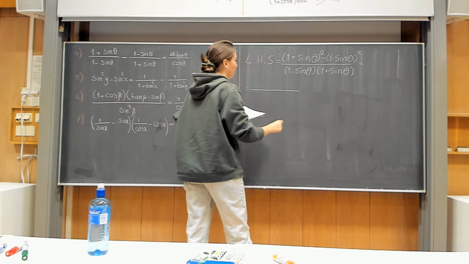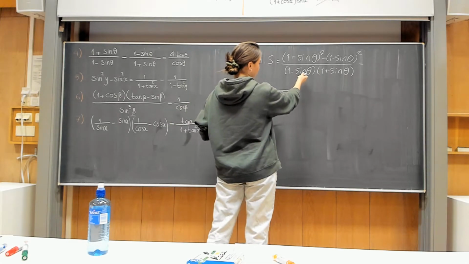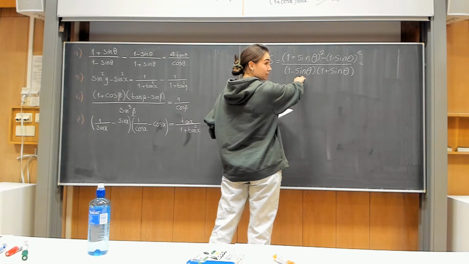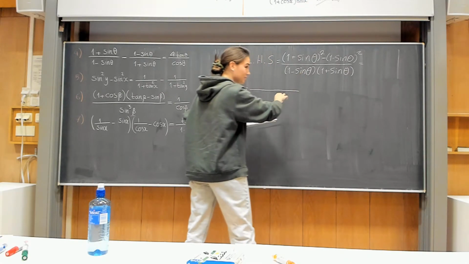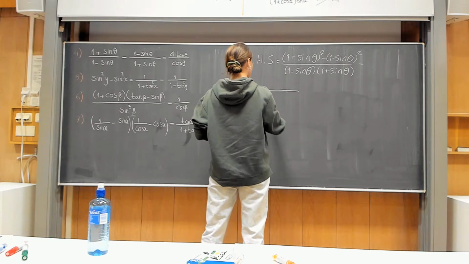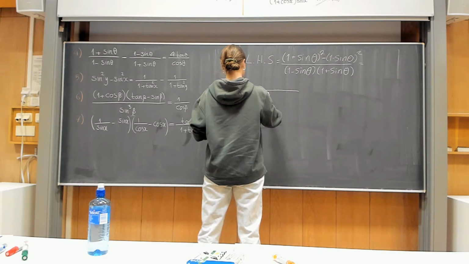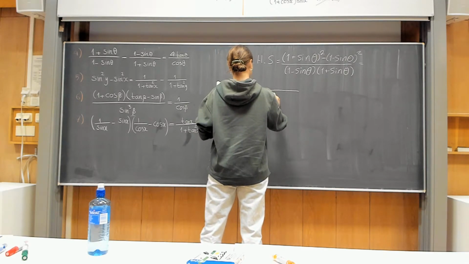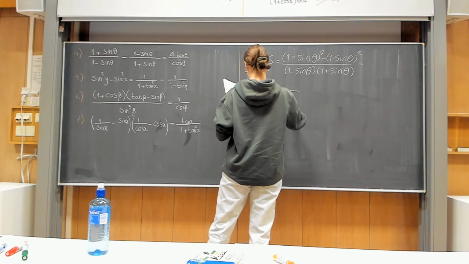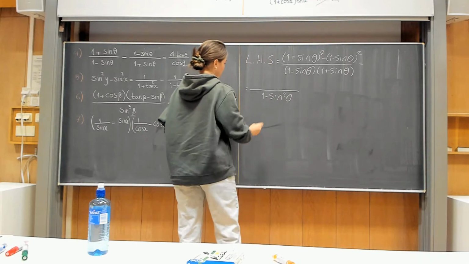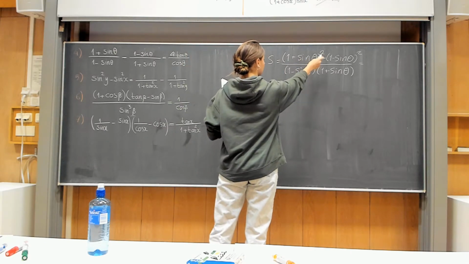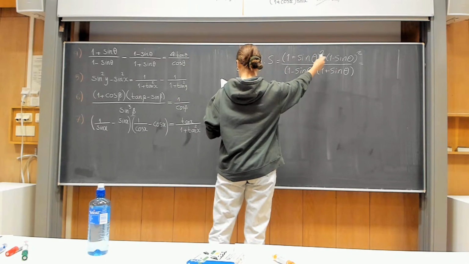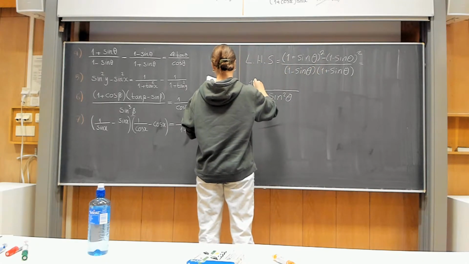And then I realized that this is the numerator. The denominator is a conjugate pattern. So I write it like this, because 1 squared is just 1. And I multiply the numerator.